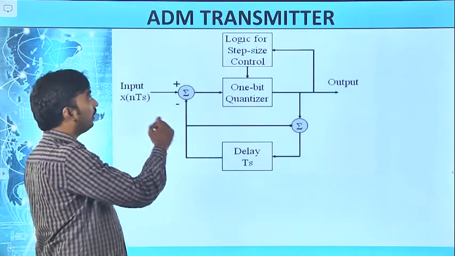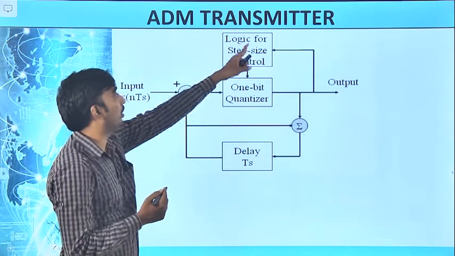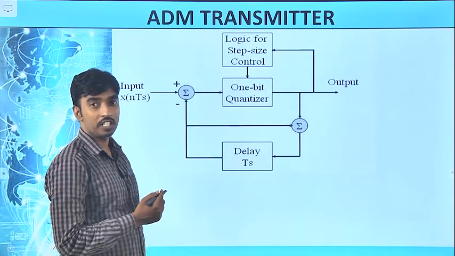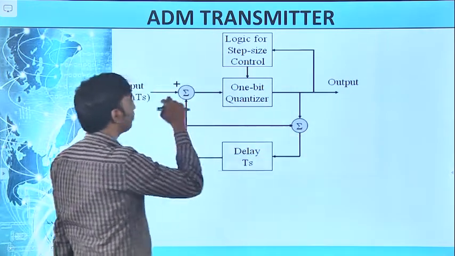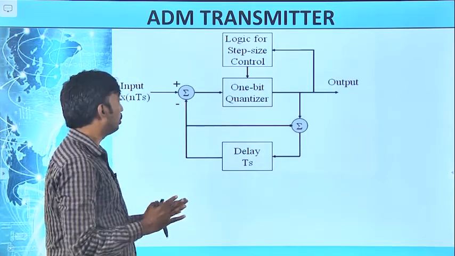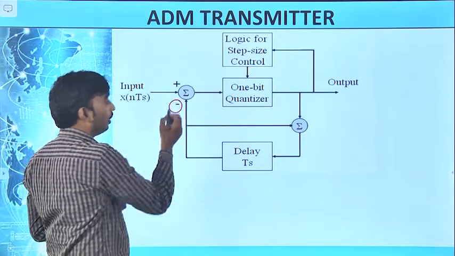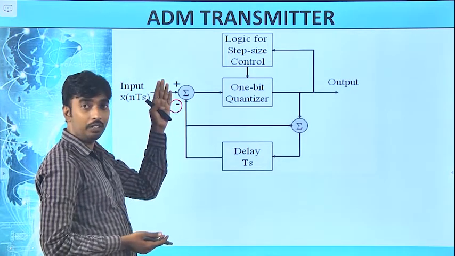And now we have seen a similar kind of block diagram in delta modulation, except the logic for step size control. The same thing, 1-bit quantizer and the delay unit, and it compares the previous sample to the present sample, right?